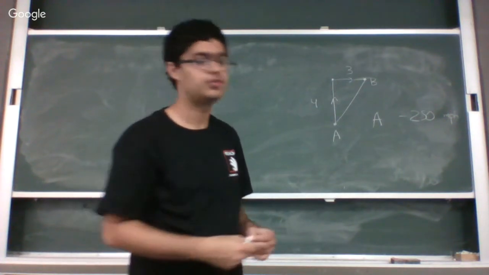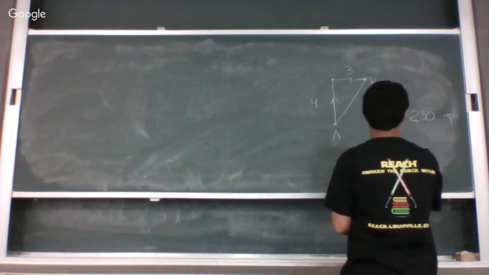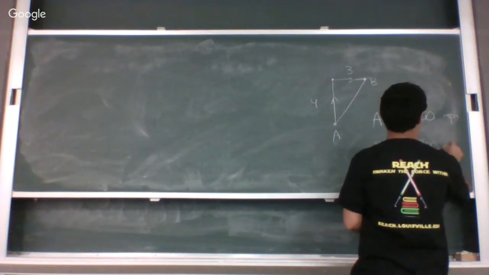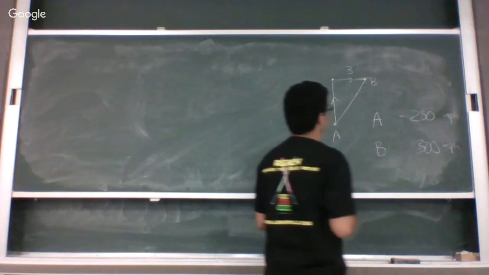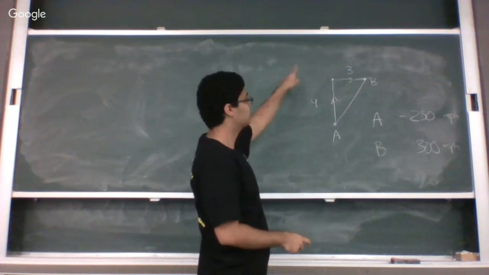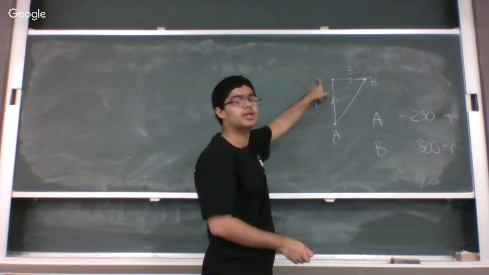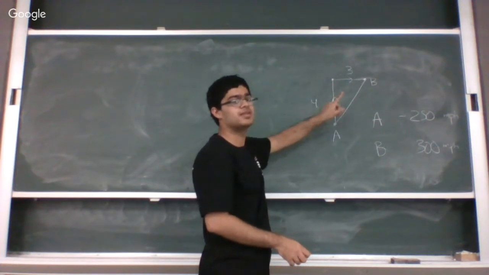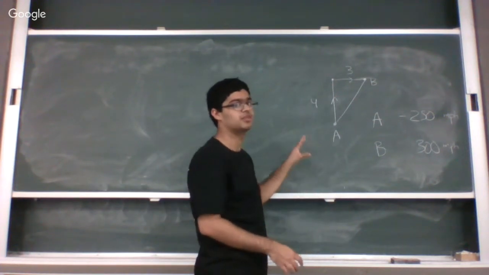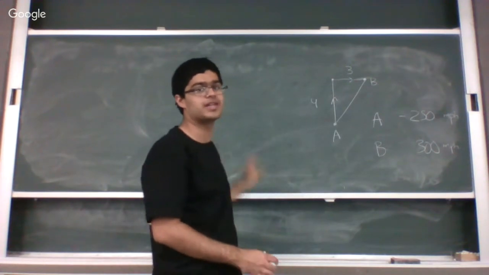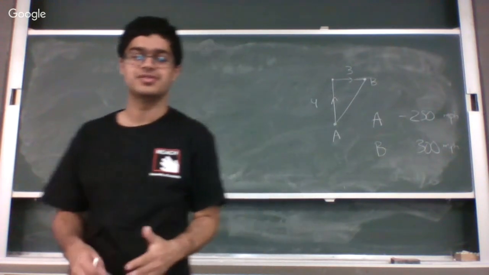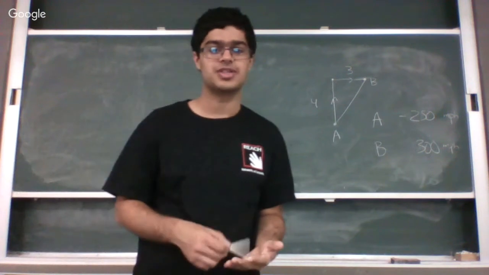Airplane B is 300 miles per hour. If it's going away, it's positive. Now, if we had drawn B coming from this side, it would have been negative. But that would be us misinterpreting the problem and then getting the wrong answer. So it's always good to understand what the problem is asking.